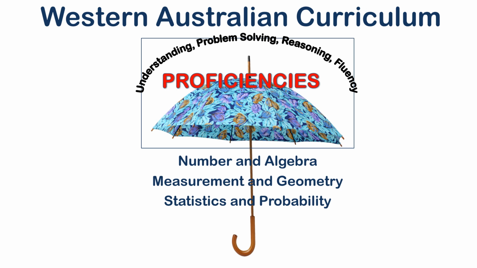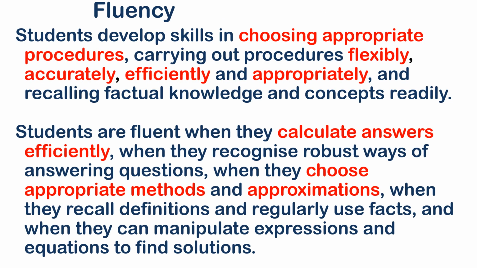We can't reason unless we've given the students the language with which to reason. So part of the understanding is not just teaching the mathematical concepts and strategies, but it's also carefully teaching the mathematical language. It might be words, it might be numbers, it might be symbols, it might be pictorial representations, or it might be things like graphs as well. But that's the West Australian curriculum, and we'll be unpacking that fairly slowly with you.